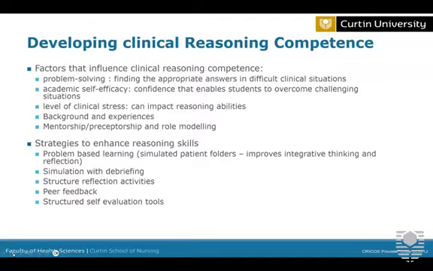There are strategies that can enhance your reasoning skills, and these are very much what we adopt in our laboratory learning as well as our simulation learning. We use a problem-based learning approach, and we use simulated patients in the laboratory.